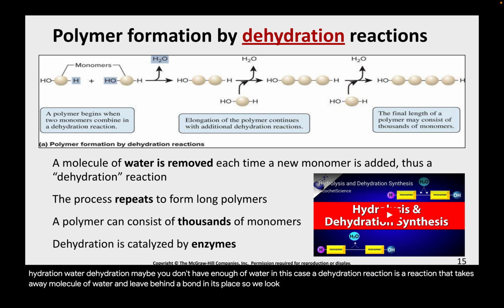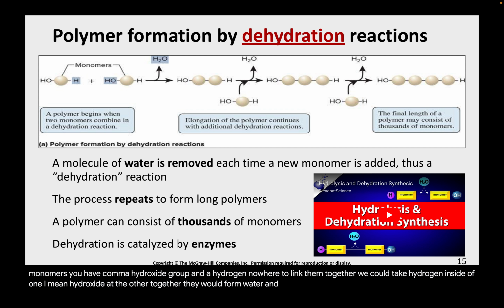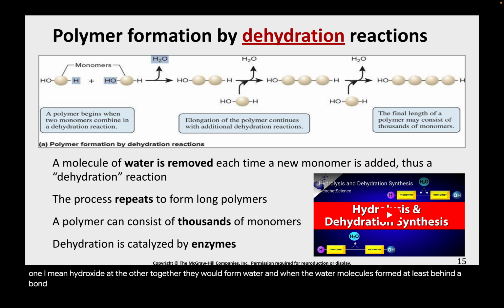If we look at our monomers up here, on either end we have a hydroxide group and a hydrogen. If we were to link them together, we could take the hydrogen side of one and the hydroxide side of the other. Together, they would form water. When the water molecule is formed, it leaves behind a bond and an excess water molecule that will then go away from the reaction and do something else in the cell. So a water molecule is removed, and this process is going to repeat.